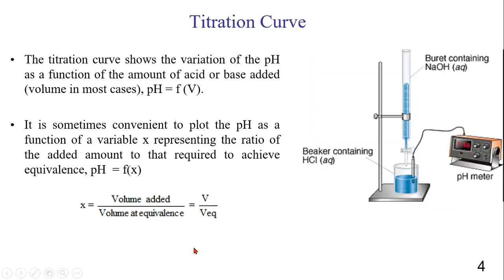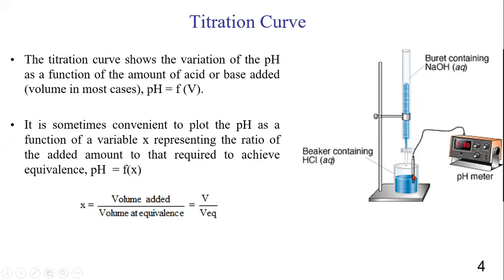What do I mean by that? I mean that I hook up my beaker. In this case, here's a beaker. It's usually better to have a spin vane swirling, and I attach my analyte solution to a pH meter with a pH electrode.